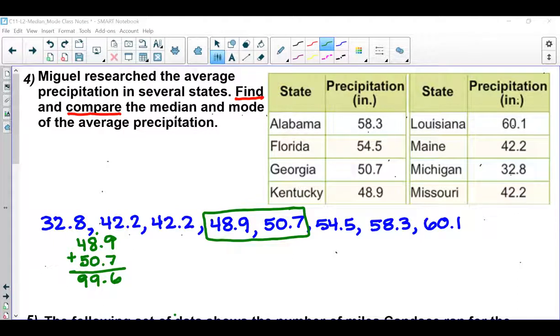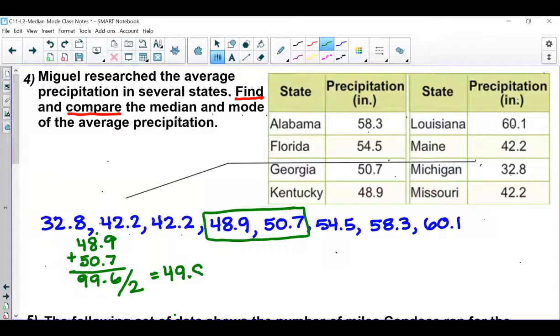Okay, let's divide it by 2. Tell me what you get. 49.8. Very good. Is that what you guys said? Yes. 49.8. Very good. So we have a median.